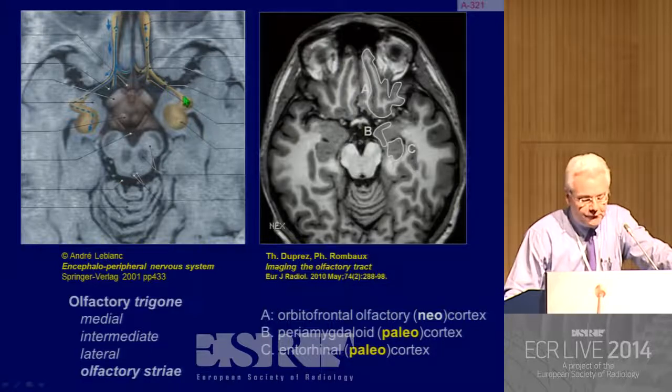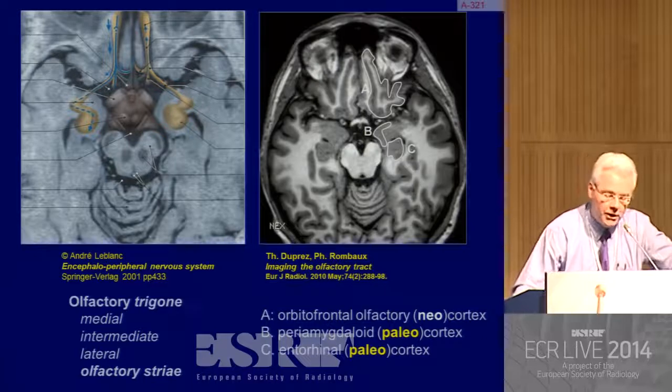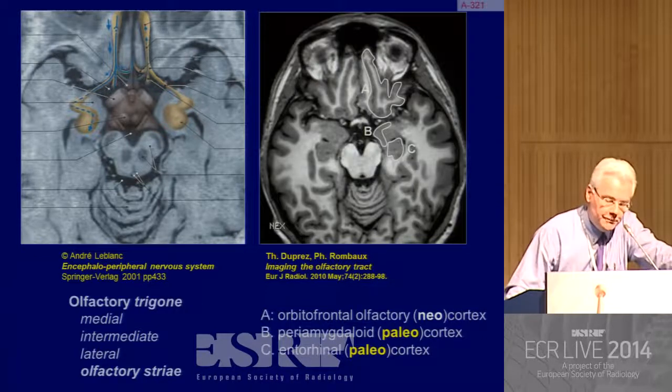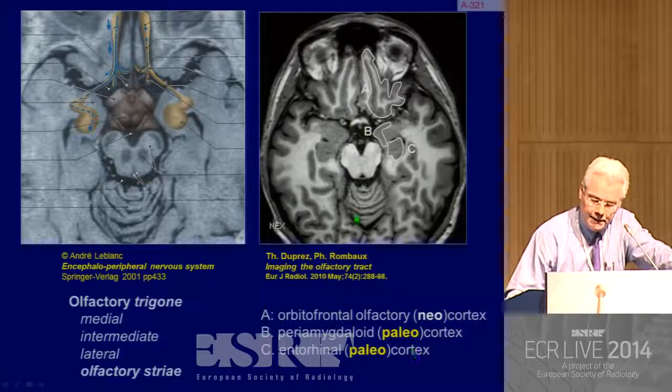And thereafter, the most important stria, which is the lateral one, is directly projecting on the ipsilateral mesio-temporal area, mainly periamygdaloid cortex and entorhinal cortex.